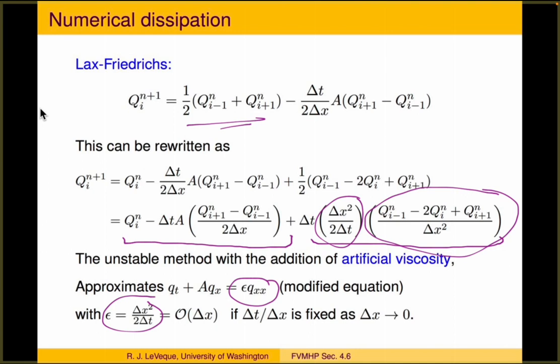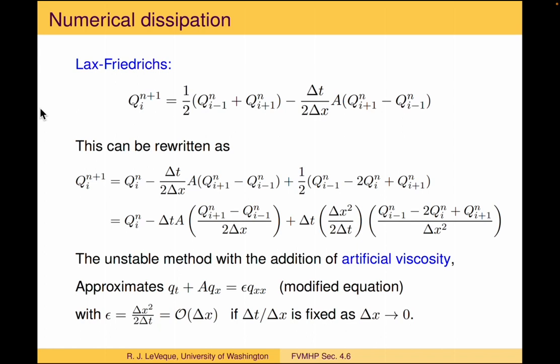And so if we look at it this way, we're really approximating the solution of this parabolic equation, which has smoother solutions than the hyperbolic equation. If we start with, say, a step function for this advection diffusion equation, then we know that step will smear out as it moves.